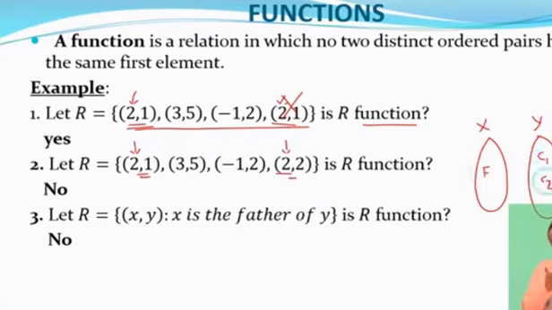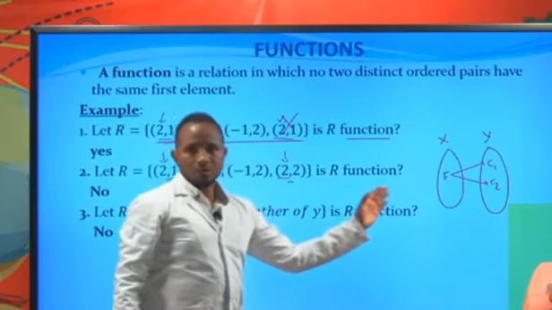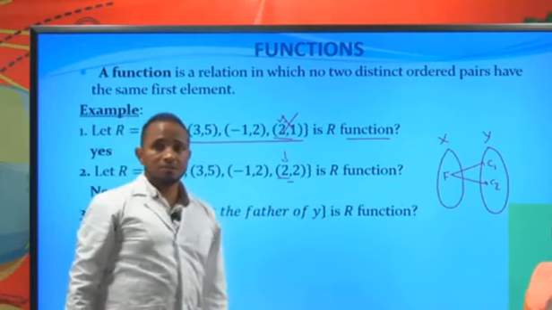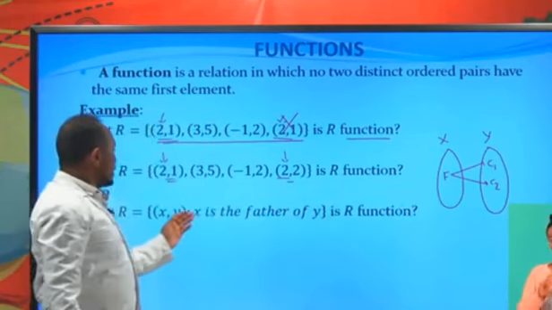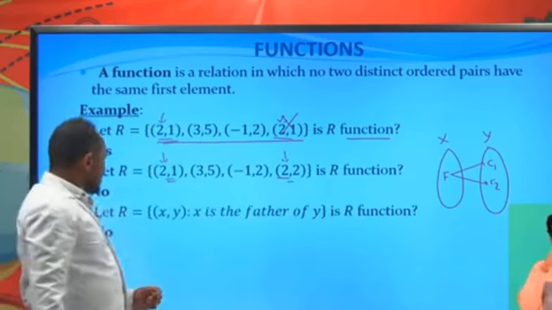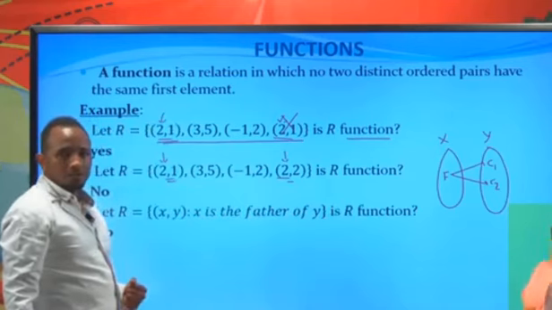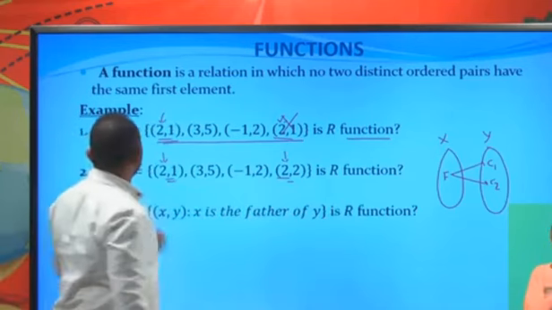He may have more than one child. So this father will pair with different children. Therefore, father with C1, father with C2. The first element will be repeated. Because of that, x is the father of y is not a function. Now let's continue.